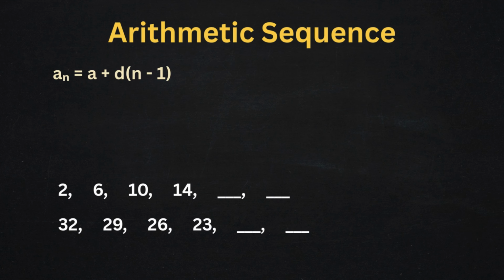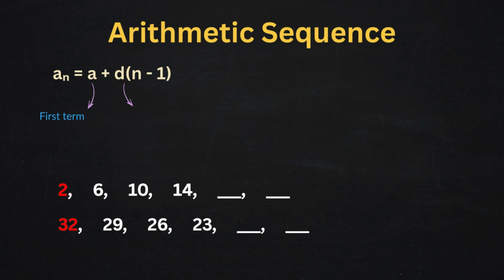Let's first understand what each symbol represents. A is the first term of the sequence. For example, in the first sequence, a equals 2. In the second sequence, a equals 32. So a is always the first term. Clear? Great.